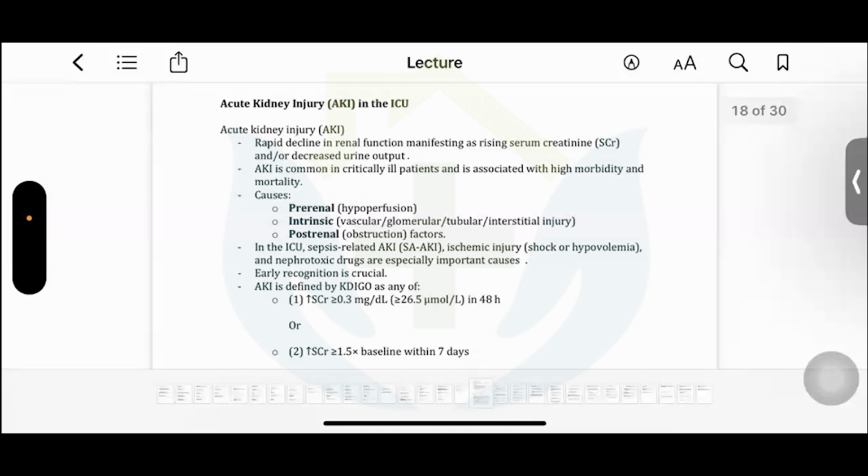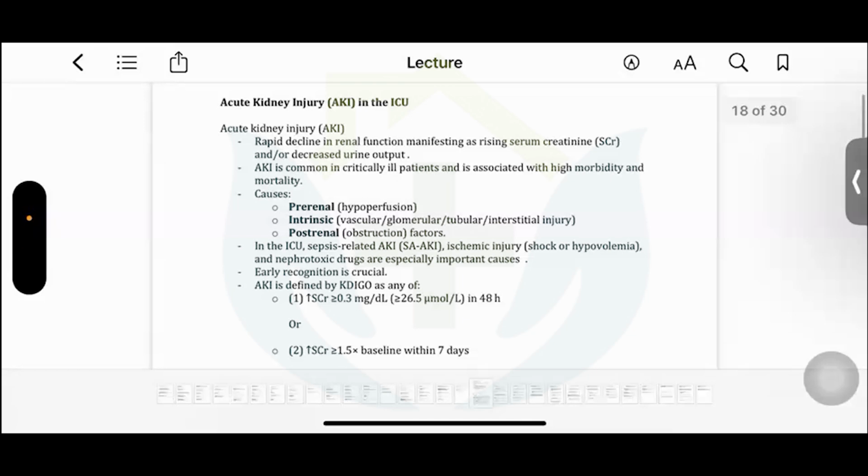Please. So basically, acute kidney injury in the ICU. It is a very important topic. So we all know that it is pre-renal, renal, and post-renal. I want to ask all of you a very important question. A patient is in ICU in whom you have ruled out all the possible causes of acute kidney injury, and the patient is having oliguria and rising creatinine or worsening AKI.